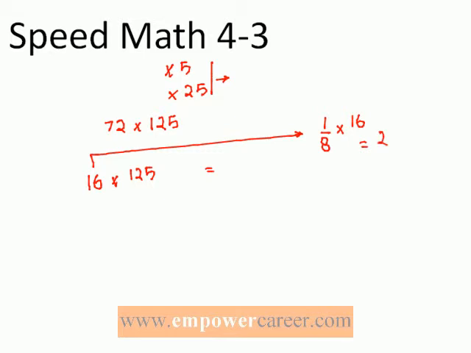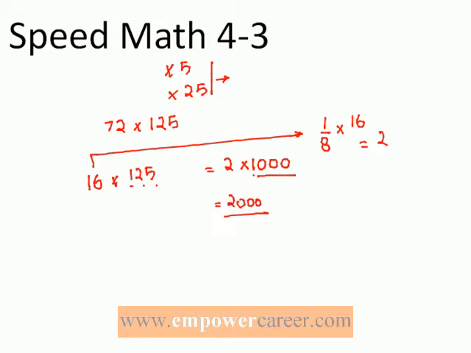So 1/8 of 16 can easily be found, and that's 2. Well, the second step cannot be easier than this. All you need to do is multiply the number with 1000. Remember, there are 3 digits in 125, so you'll have a number 1 followed by 3 zeros. So you've got the answer as 2000, and that's it. That's your answer for 16 times 125.